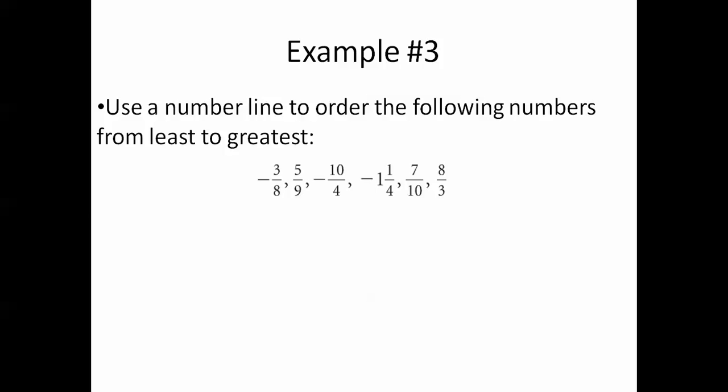So here we have fractions instead of decimals. First, let's convert our improper fractions for the negative numbers into mixed fractions. So 10 over 4, we divide 10 by 4 and we get negative 2.5.